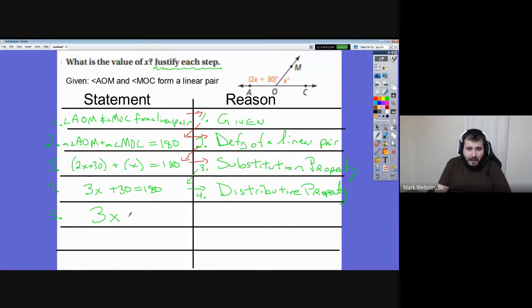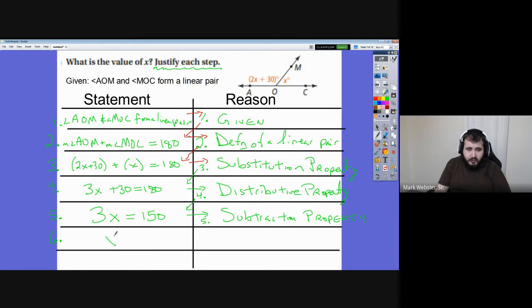Notice I'm not writing down the subtracting 30. I did this. How did I get it? Isn't that the subtraction property because I subtracted? And then now from 3x equals 150, what do I do? Don't I divide both sides by 3?